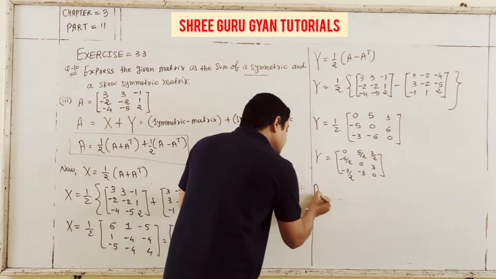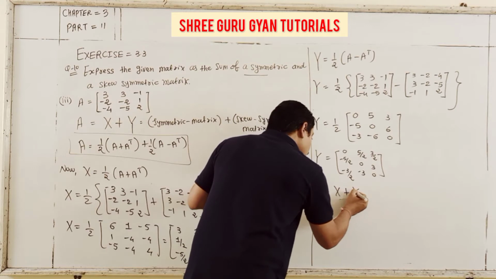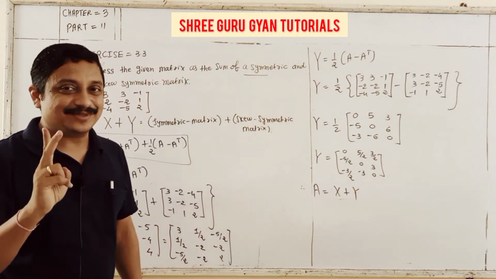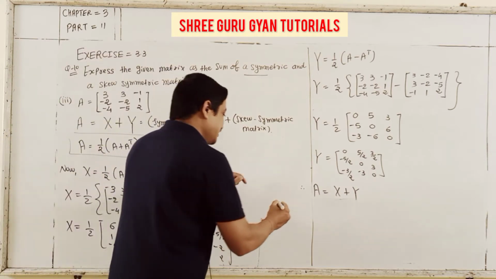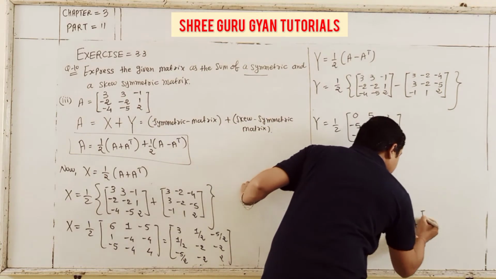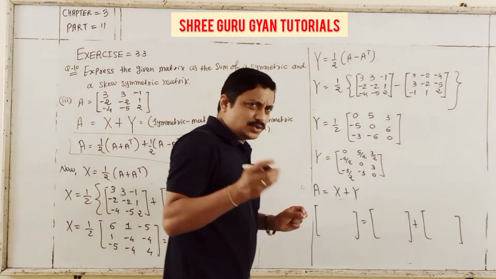Therefore, the last A is represented as the sum of two, one symmetric, the second skew symmetric. So the A matrix is done; I represent that as X, and here the Y. Only you show the data.